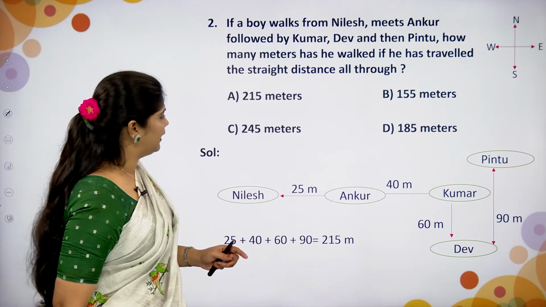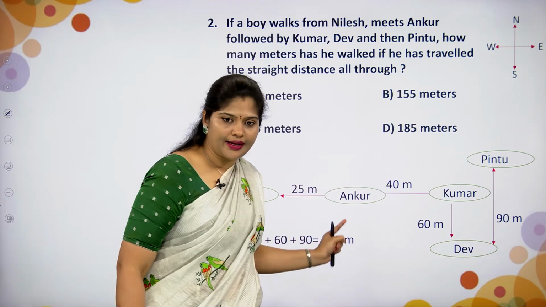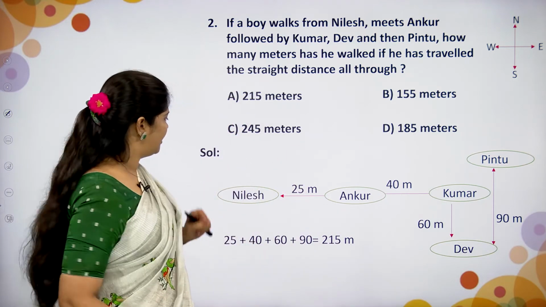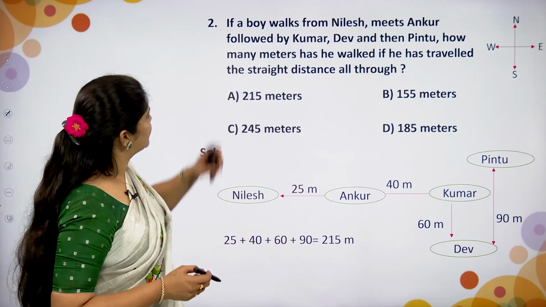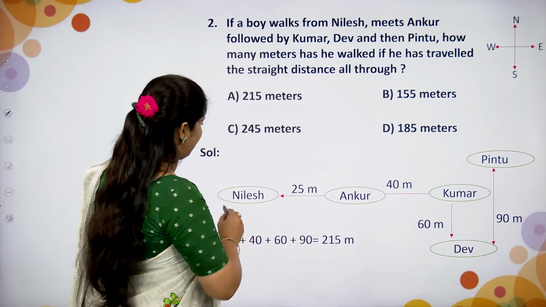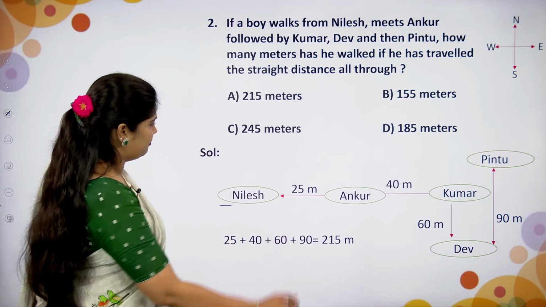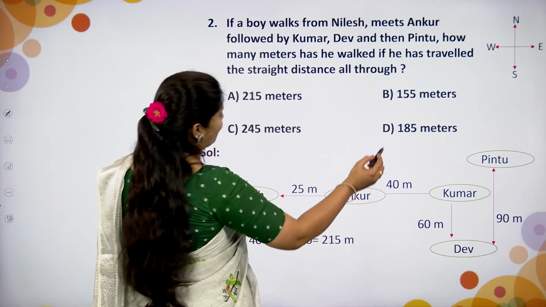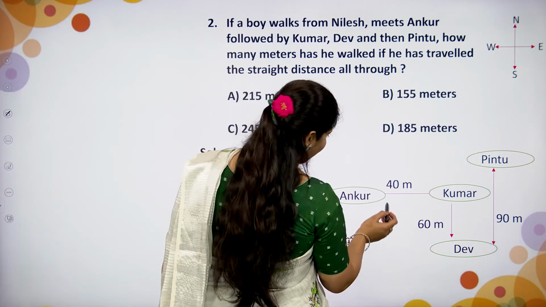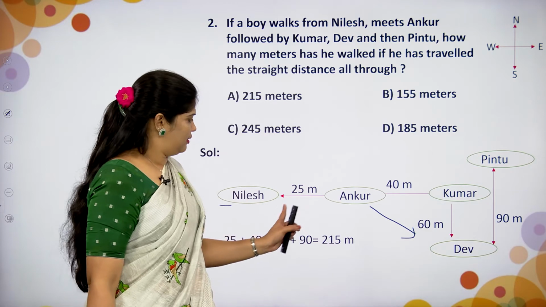Now, here already based on our points, this is the direction chart. Now, here first, if a boy walks from Nilesh, where is Nilesh? Nilesh is here, okay. Nilesh meets Ankur, followed by Dev.